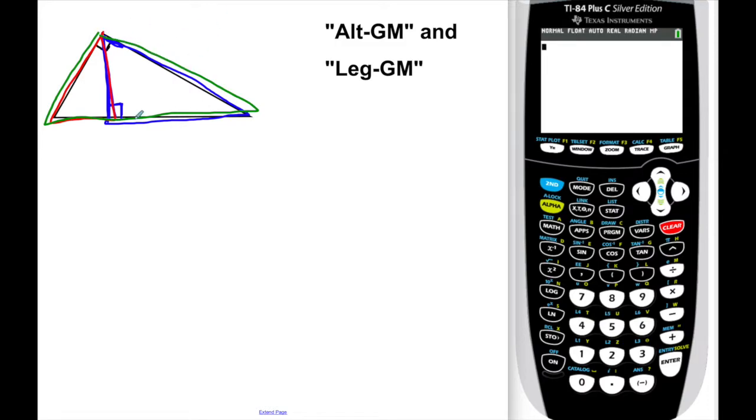They're similar because they all have a 90-degree angle, they're right triangles. Also, the blue and the green share this common angle, and every angle is congruent to itself.